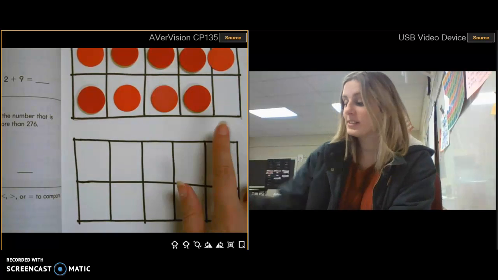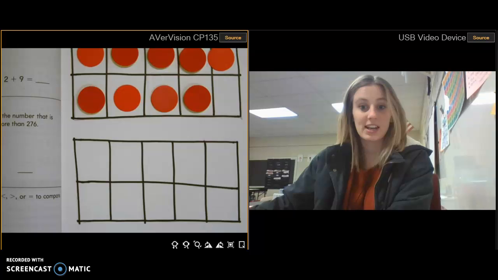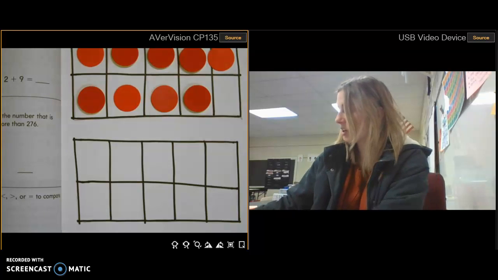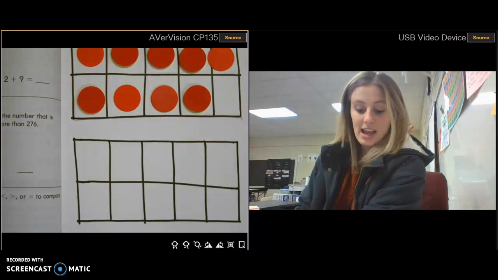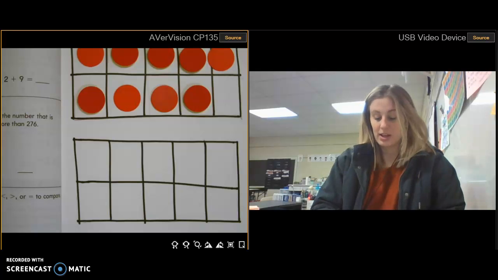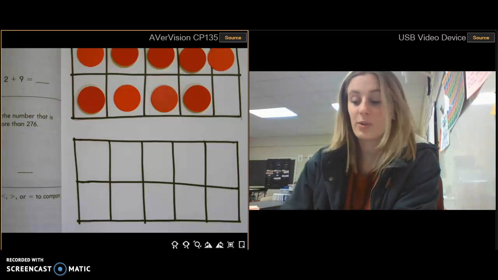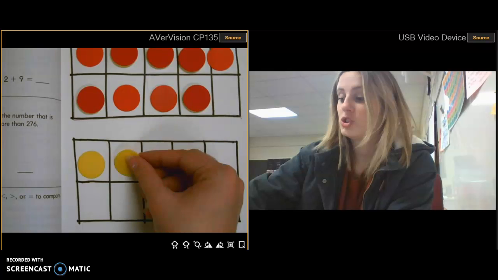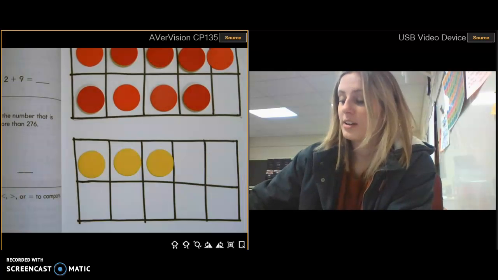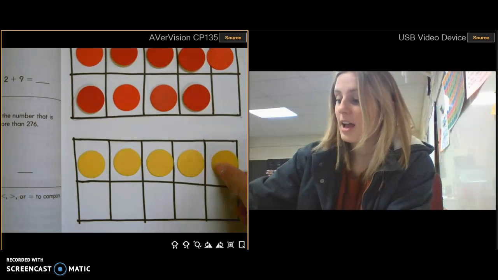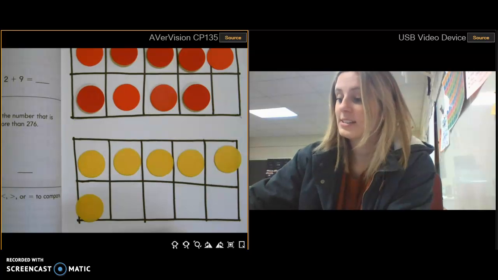Now I have one space left and I need to put my 7 on. Remember, my 7 are going to be a different color. First, I'm going to add them on our second one, okay? So I'm going to say 1, 2, 3, 4, 5, 6, 7.